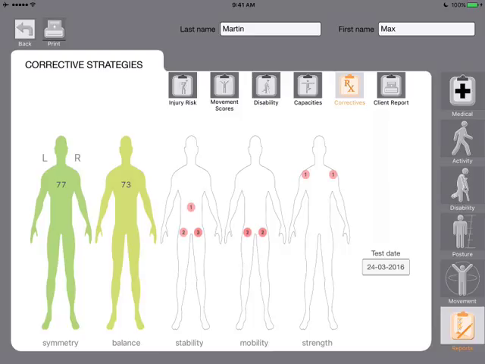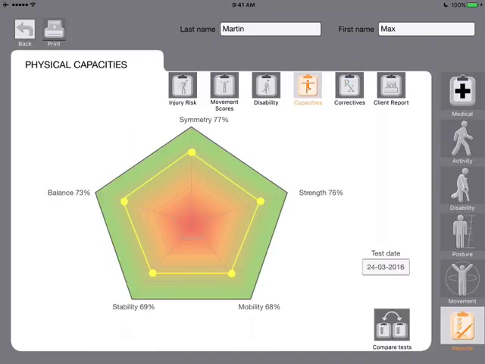Clients, by and large, love numbers, they love scores, and they love to see those scores improving. So if we can start to change these scores and use them as motivation for them to do the homework exercises, the stability exercises, the mobility work, the foam rolling, the soft tissue work, which is often the more boring side of things that clients don't want to do, here we're giving them some good motivation.